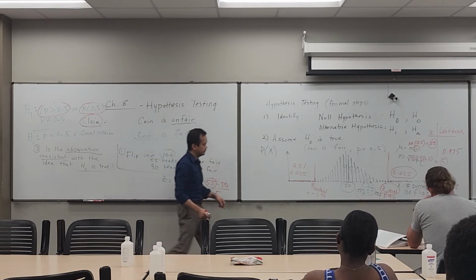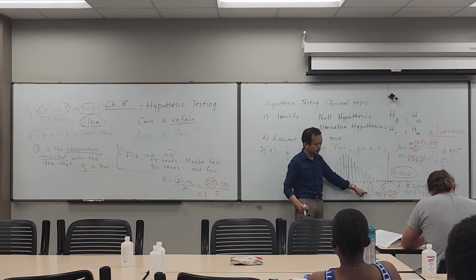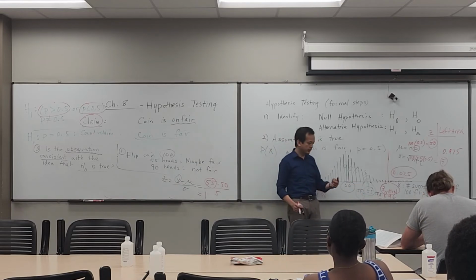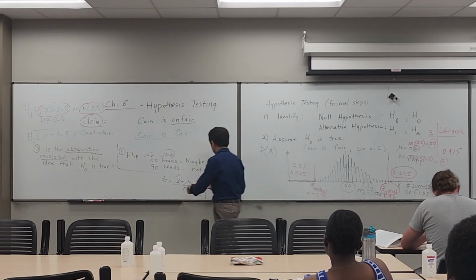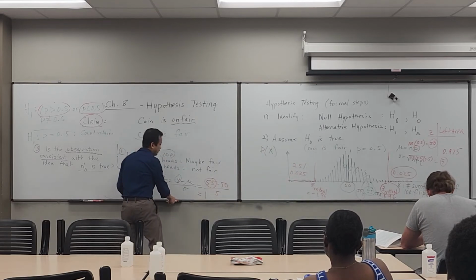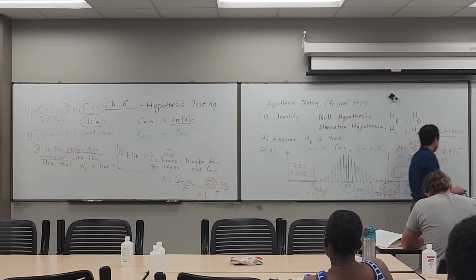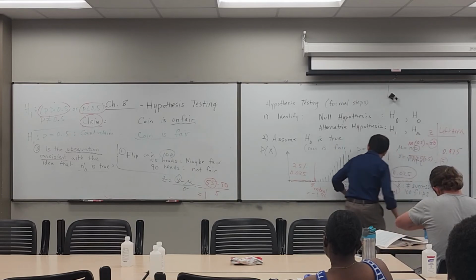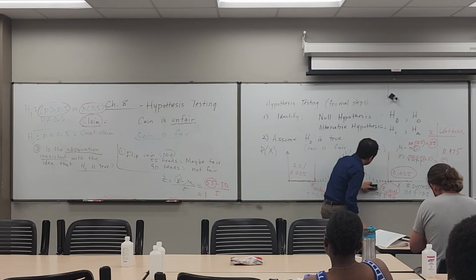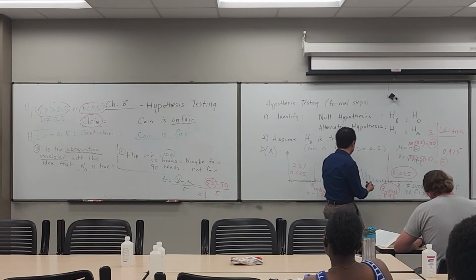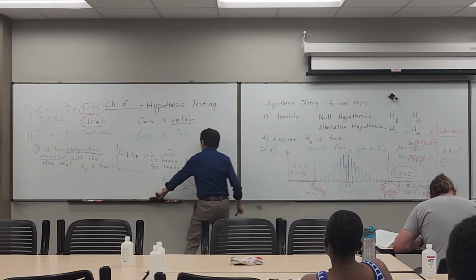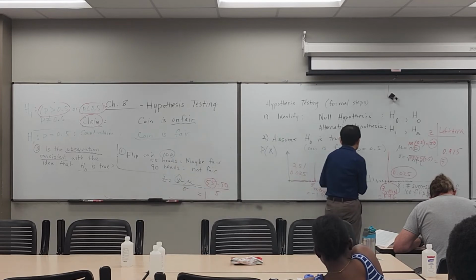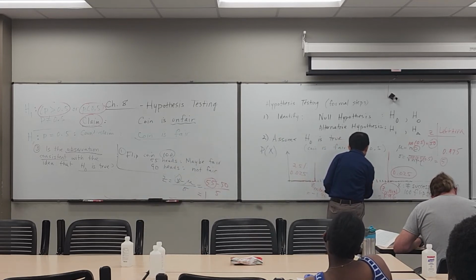So that means that the z-score of our observation, we call that z-test. So z-test will be 1.0. So at 55 heads, that has a z-test of 1.